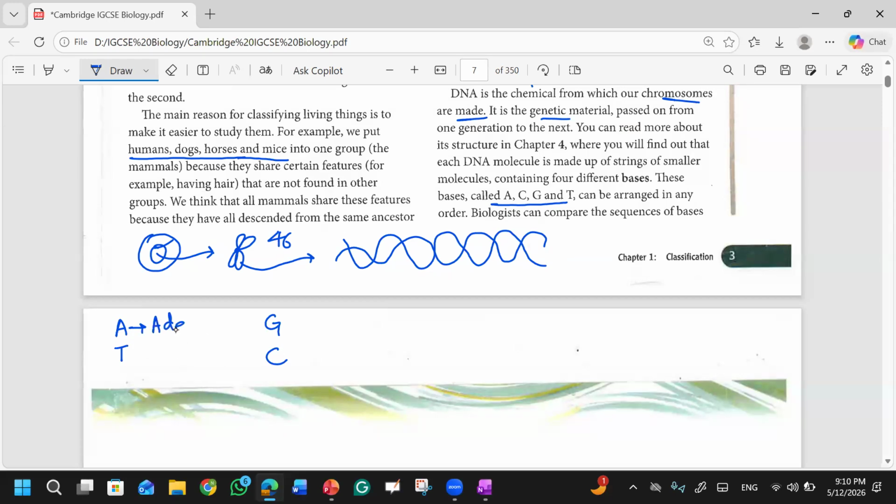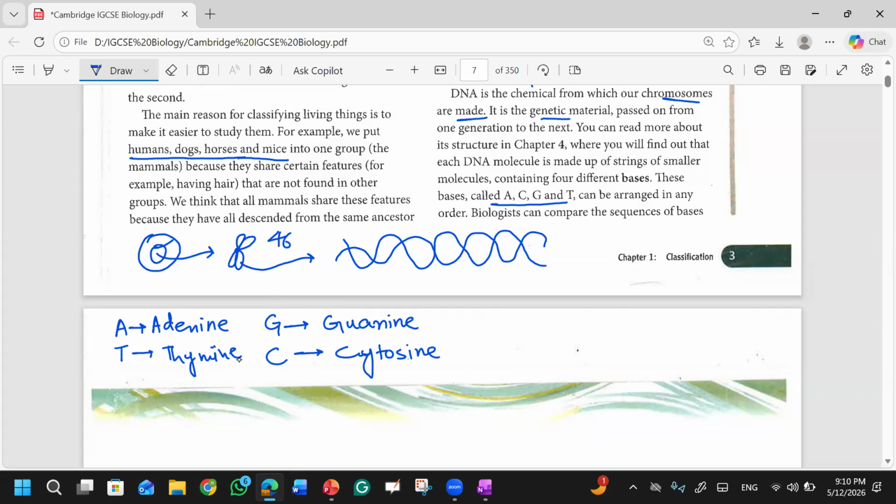Adenine, guanine, then you have cytosine, and thymine. Good. Adenine always makes a bond with thymine, and guanine always makes a bond with cytosine, and these bonds are hydrogen bonds.